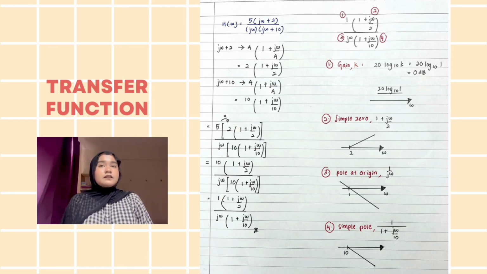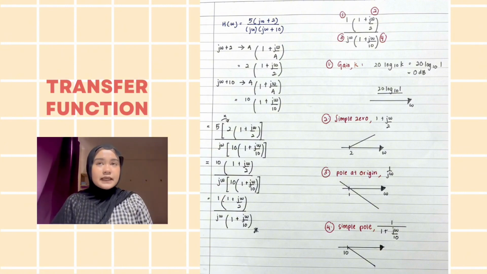For j omega plus 2 we factor out 2, so j omega plus 2 is equal to 2 bracket 1 plus j omega over 2. For j omega plus 10 we factor out 10, so j omega plus 10 is equal to 10 bracket 1 plus j omega over 10.